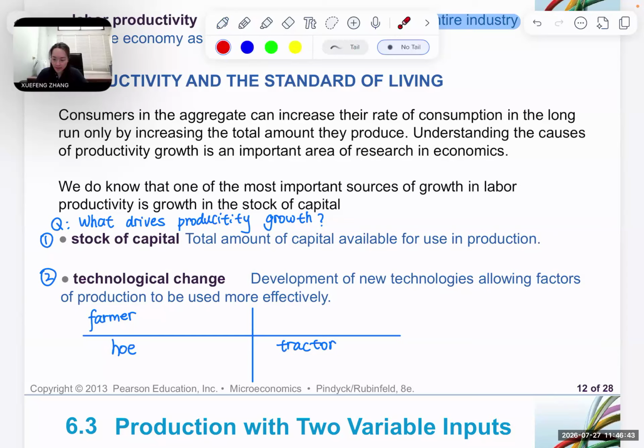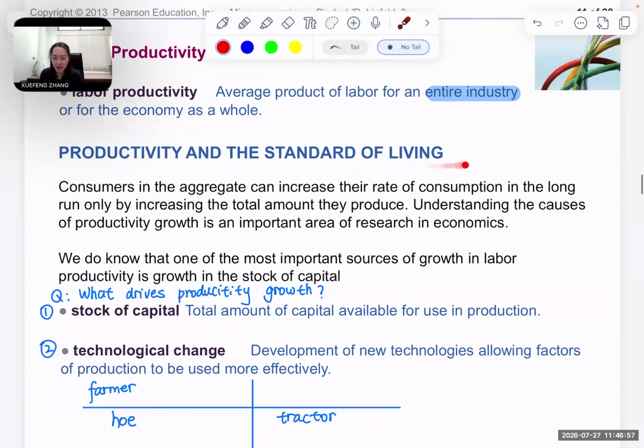Okay, so basically, same person here, but the capital they have access to completely changes their productivity. That's the connection between capital, technology, and a country's standard of living.